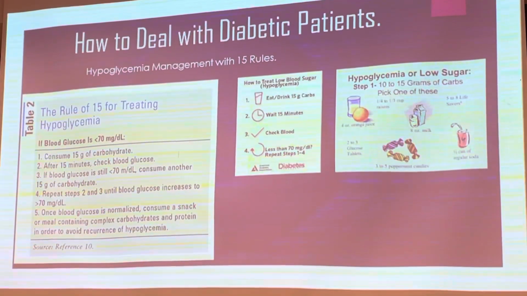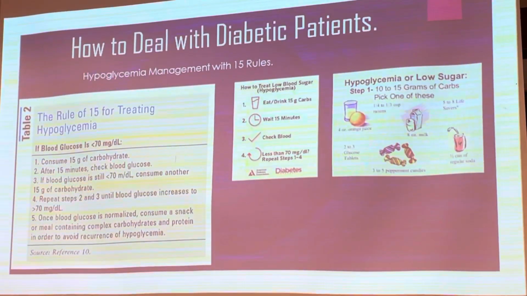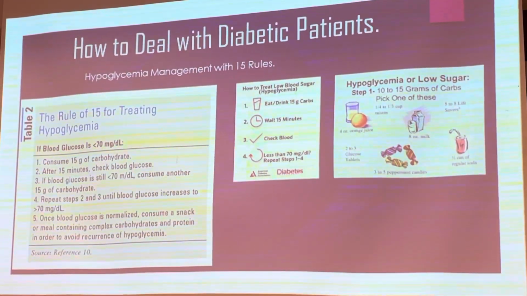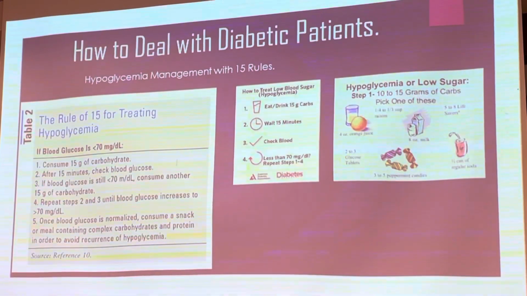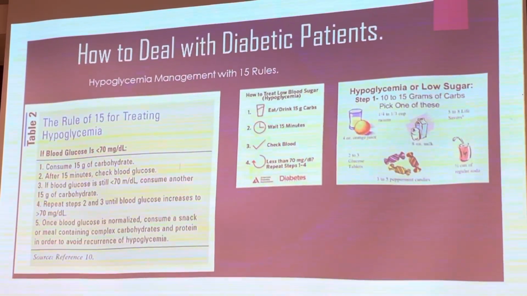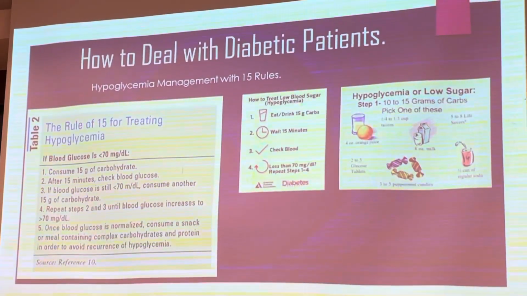Okay. This is what we teach the patient, but when I see some nurses dealing with those patients, they give only 15 grams of simple carbohydrate like juice, then leave the patient. After 15 or 30 minutes, the patient becomes hypoglycemic again.